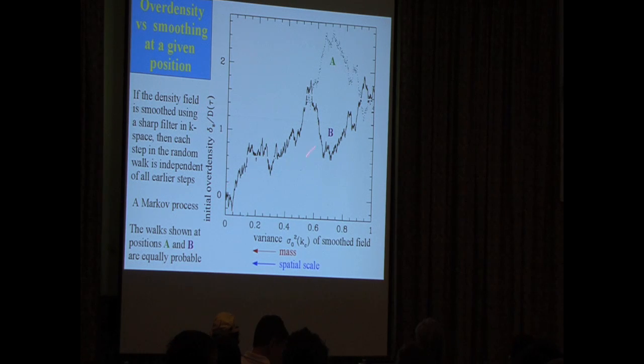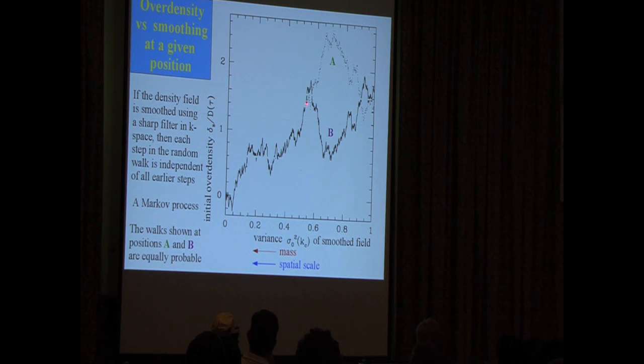When you're at a particular point, let's say you're here, and you move to here, you increase your variance; you get some additional variance, you have to make a step. The step you make is independent of whether you are here or somewhere else. You can see two different walks here, corresponding to two different particles. They're identical up to this point, and then they were independent. In fact, A is just the mirror image of B about this point.